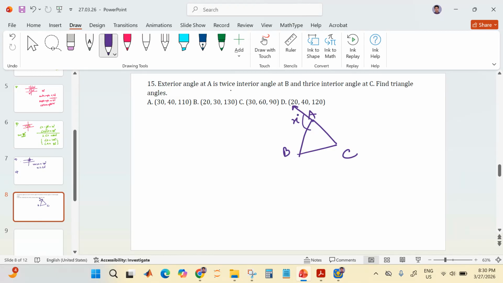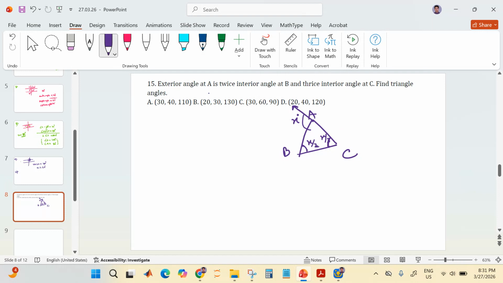Exterior at A is twice interior angle at B, so that means interior angle B is x by 2, and thrice interior angle at C, so this will be x by 3.